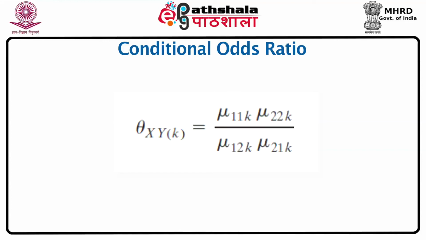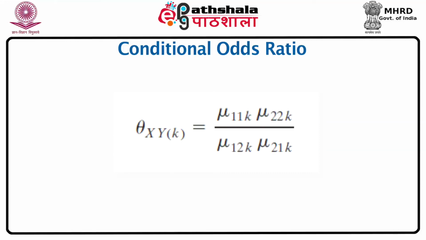So conditional on z taking the value k, the conditional odds ratio is given by theta_xy(k) equal to mu_11k mu_22k by mu_12k mu_21k, where mu_ijk is the probability of an observation lying in cell i for x, j for y, and k for z.